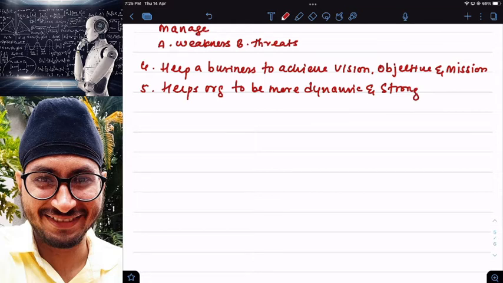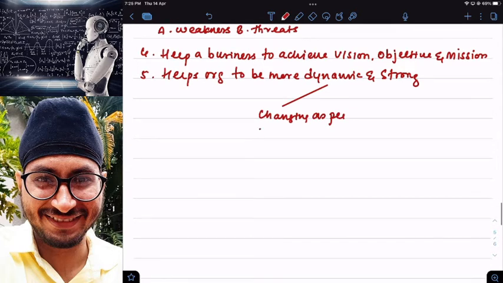So, dynamic means business changes. I am changing as per market requirements. Market requirements means depending upon the market, depending upon the customer taste and preferences, depending upon the market situations, I am also changing the operations of my business. That is called what? A dynamic organization.